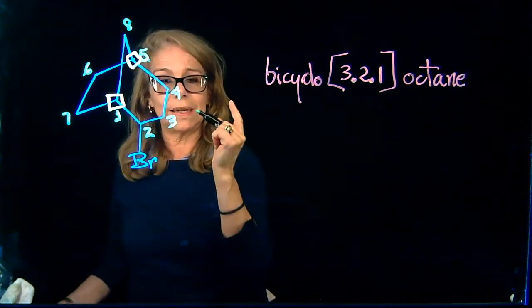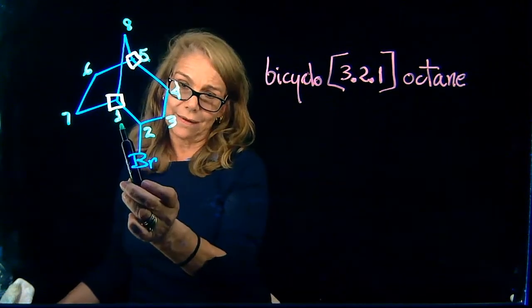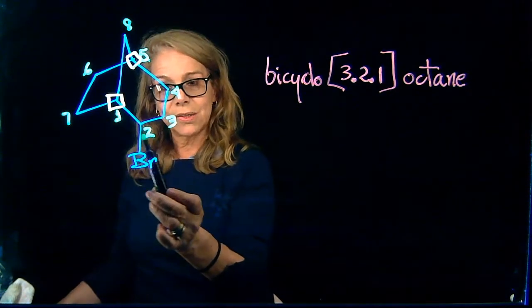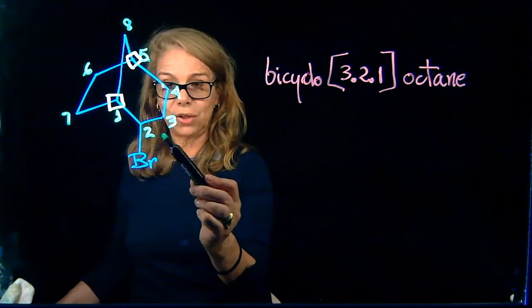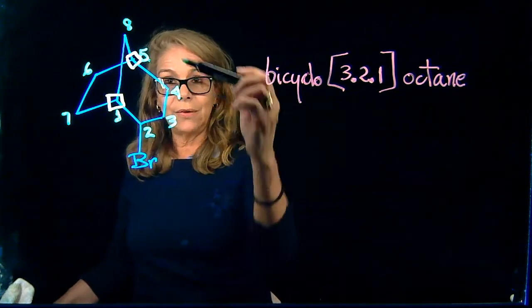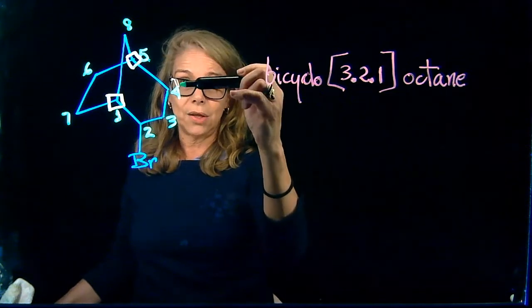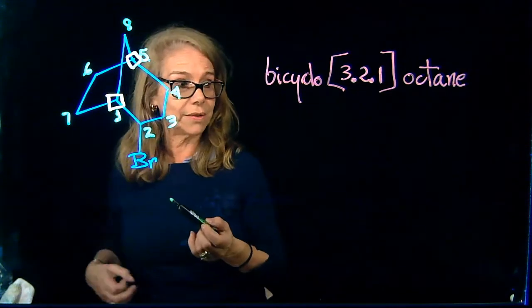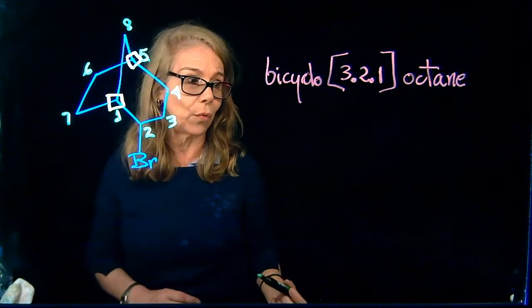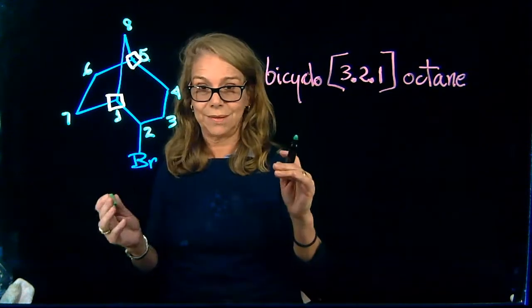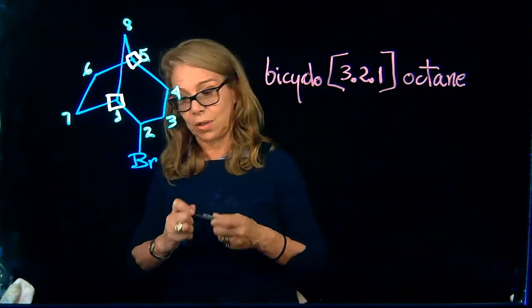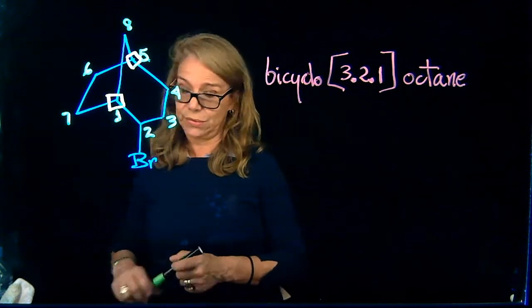The other thing that I did is that I selected the number 1 down here so that the bromine had the location number 2. If I put the 1 here, then I will have 1, 2, 3, 4. The location of the bromine will be in carbon 4. And that we know is not the best number. We need to give the smallest number possible to these substituents.